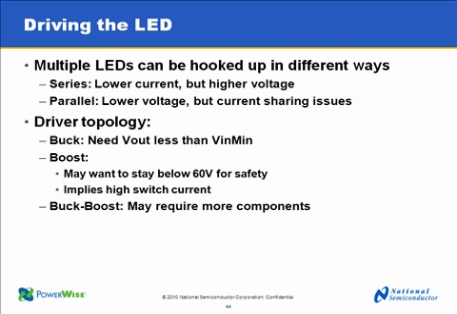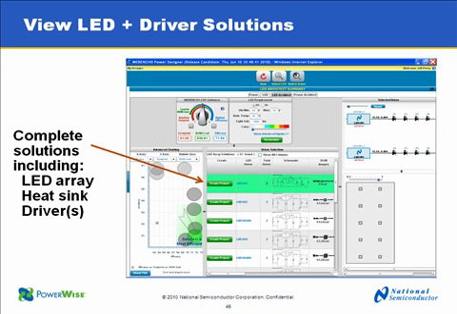Okay, so once we've chosen the LED and heatsink array, using the tools that I just showed you, now we've got to talk about driving the LED with the LED driver. As I mentioned before, multiple LEDs can be hooked up in different ways, series or parallel. And we have different topologies, buck, boost, and buck-boost. So how do we say which one of these is the best?